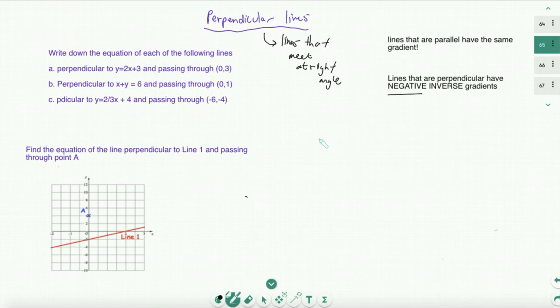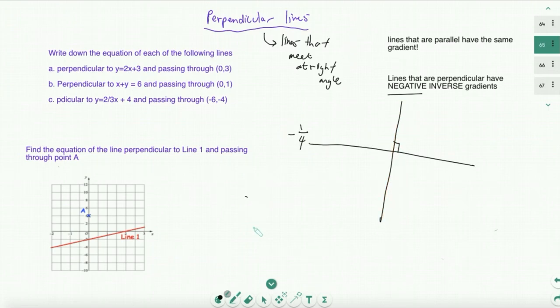Let's say I have a line. The gradient is negative 1/4. So the perpendicular line will look something like this. Well, if this line is negative, this line will have a positive gradient.